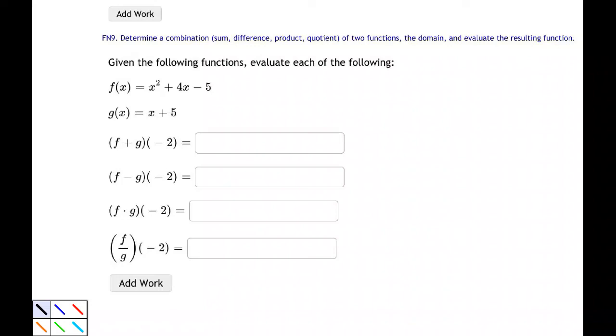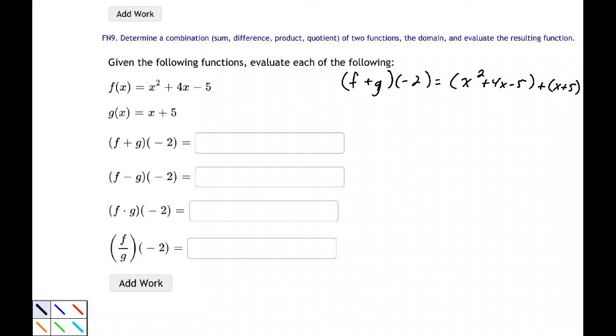Now there are several ways to determine this, so I'll try to show you both ways if I have a little bit of time. (f plus g)(-2) means I'm going to take the functions f and g and add them. So over to the side, I'm going to say (f plus g)(-2) equals, in parentheses, my f(x), that's x squared plus 4x minus 5, plus my g(x), which is x plus 5.